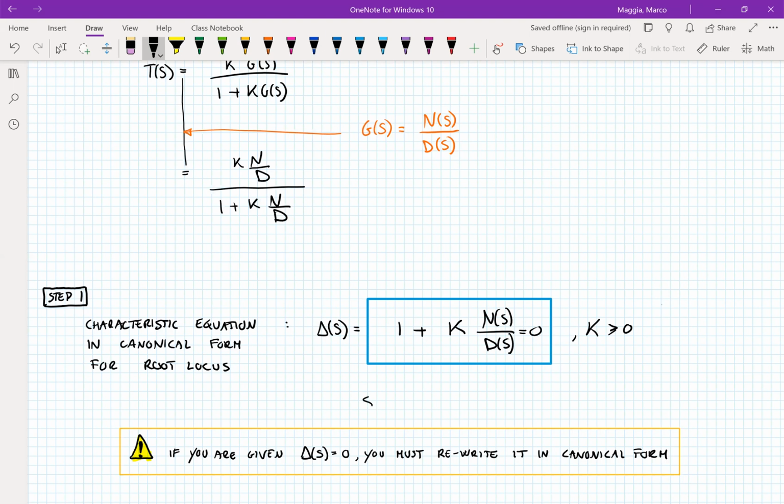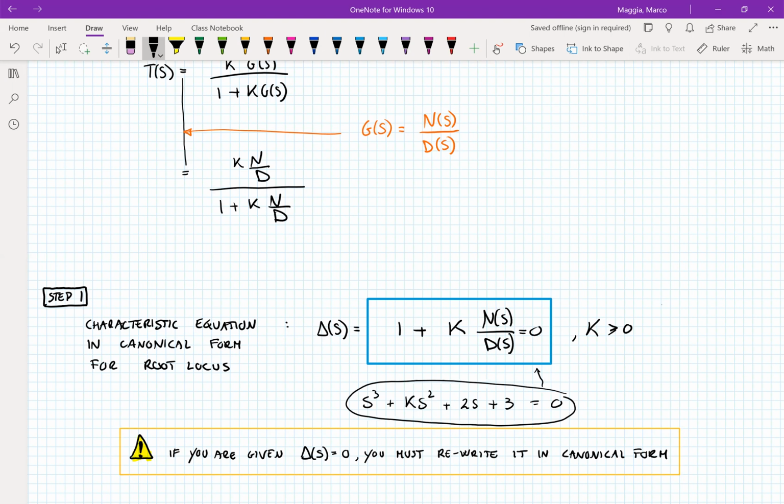If you had s cubed plus K s squared plus 2s plus 3 equals 0, well, in this case, the characteristic equation is not in the canonical form.